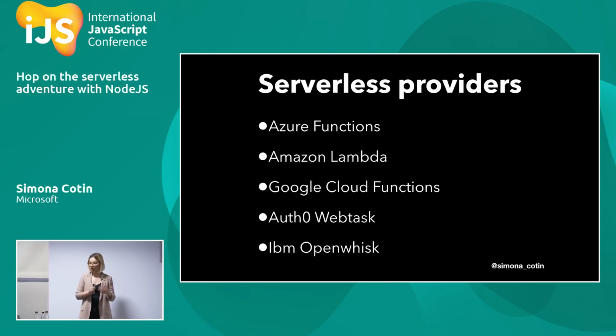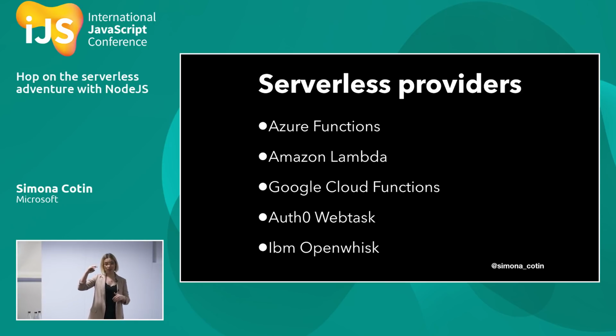Cool. Some of the serverless providers that you might be familiar with are Azure Functions, and that's what we're going to look into today, because I work for Microsoft and I do like Azure Functions. And then we also have Lambda from Amazon, Cloud Functions from Google, WebTask from Auth0, as well as IBM OpenWhisk.